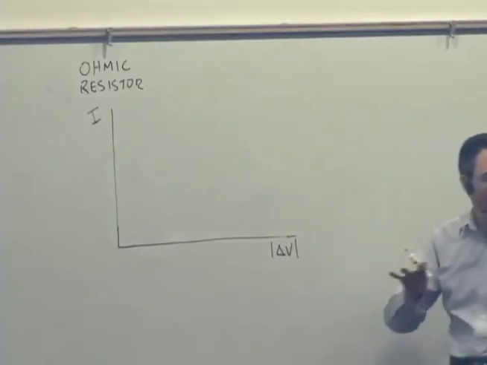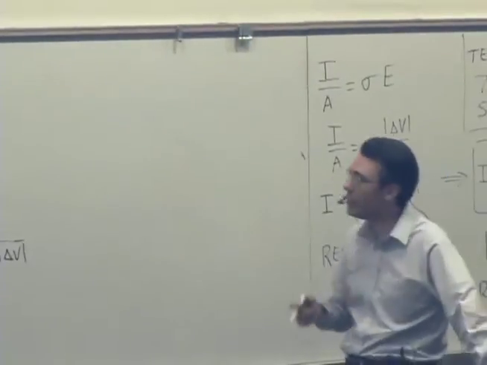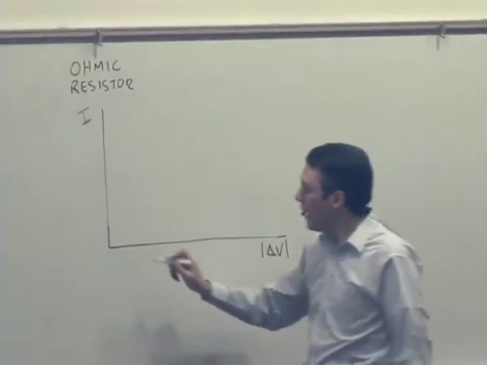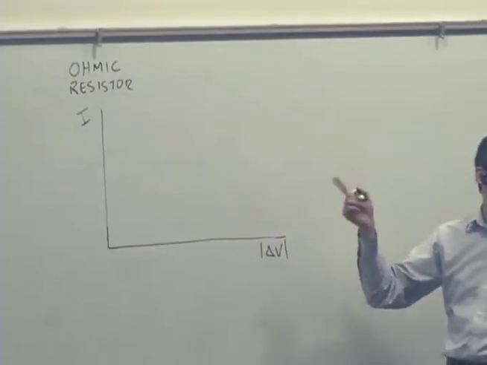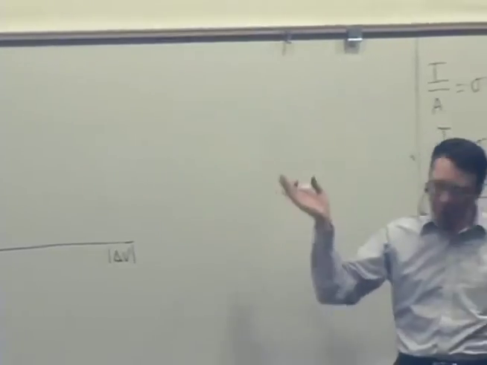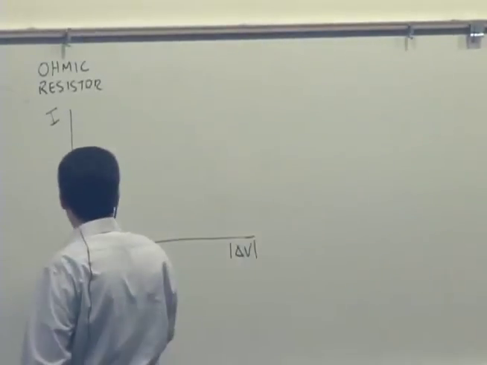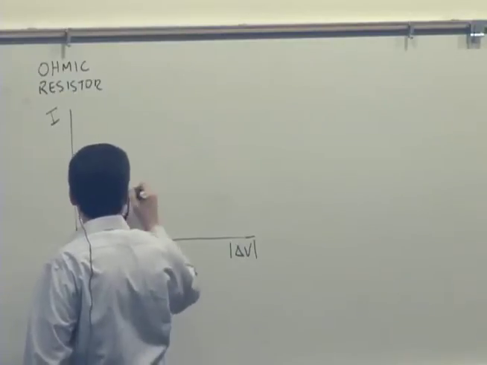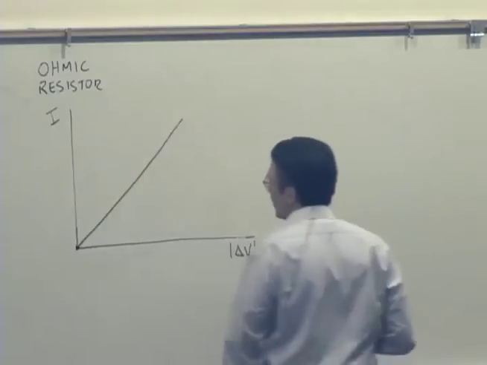You can imagine having a variable power supply or a variable battery, and you're cranking the potential difference up. And if the resistance is constant, then the graph should look like what? Should look like a straight line, right? Should look like a straight line where at delta V equals 0, the current is 0, and just goes up as you get a larger potential difference.